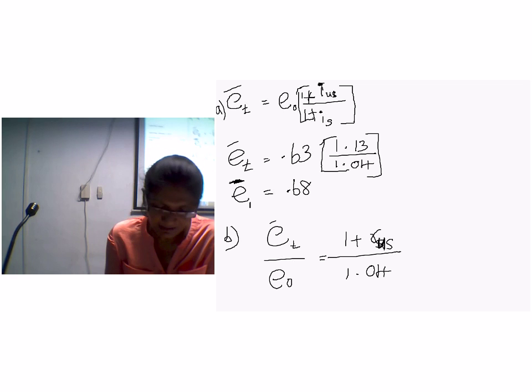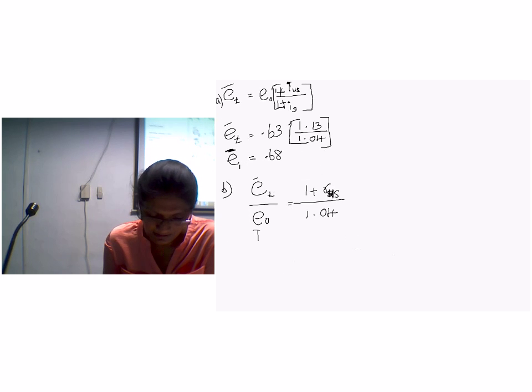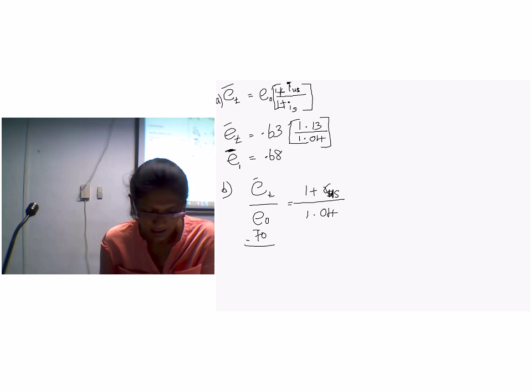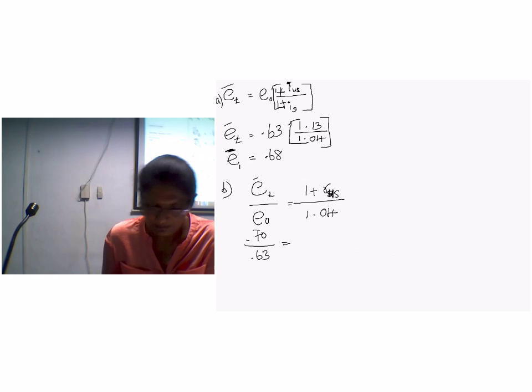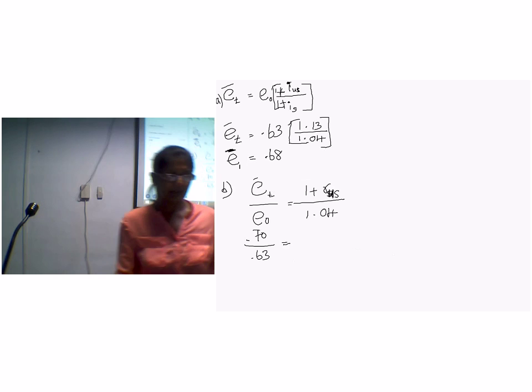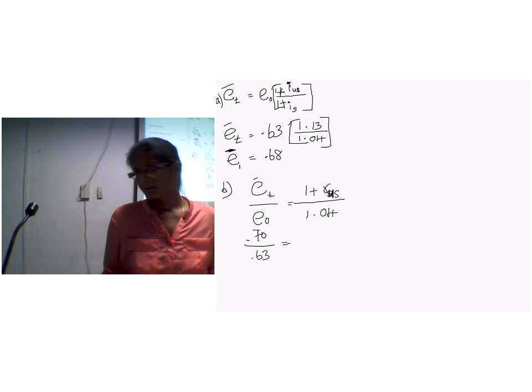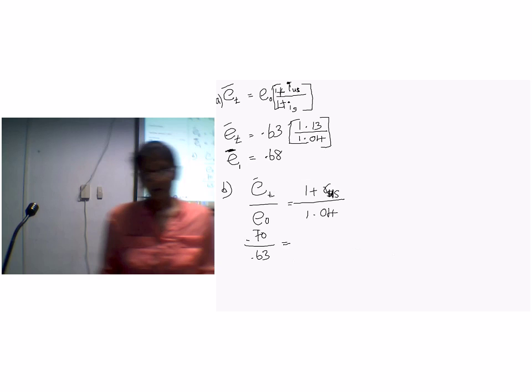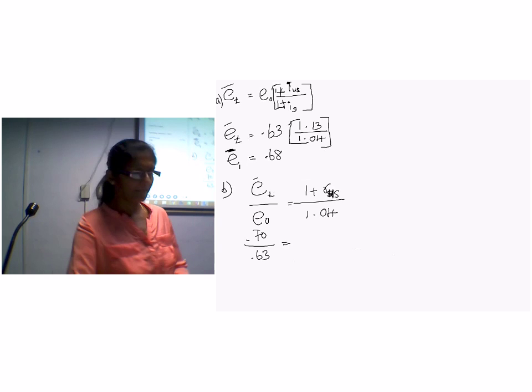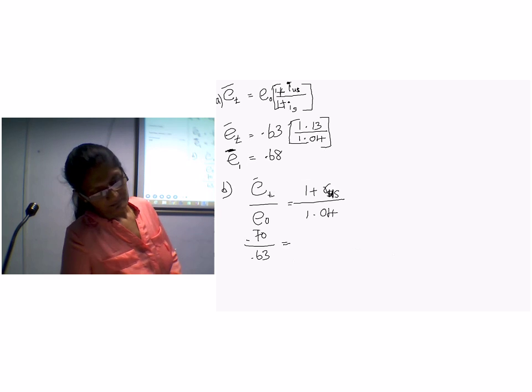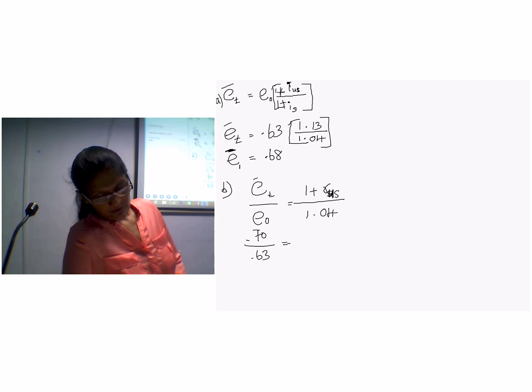And we can plug the value here as well. ET is 0.70 and E0 is 0.63, right? So what is 1 plus R US? What is the US interest rate? Just solve the equation.